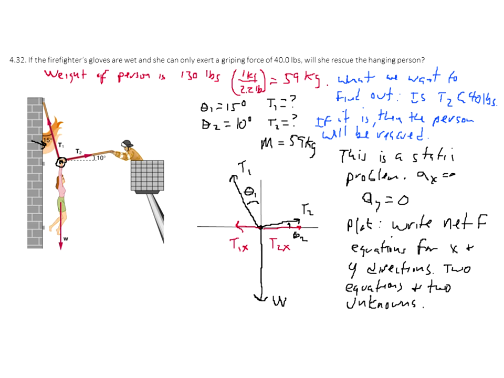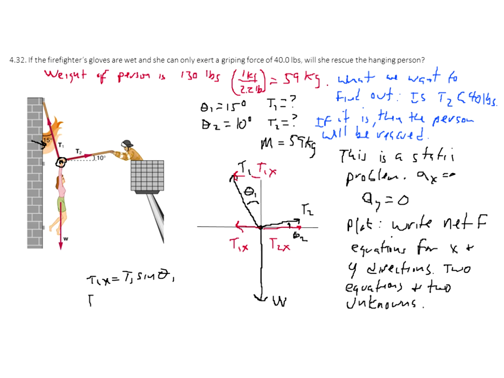Normally I'd do this on the next screen, but I'll forget by the time I get there. So T1x is going to be equal to, we could also do the same thing up here. So this is also T1x, and this is the opposite. So that's going to be sine. So that's going to equal T1 sine theta 1.